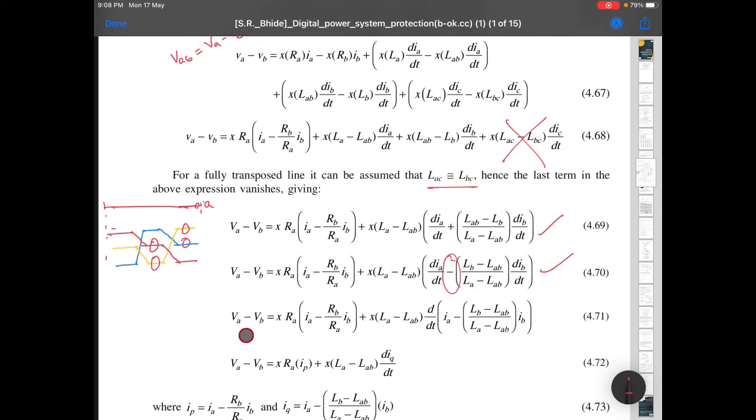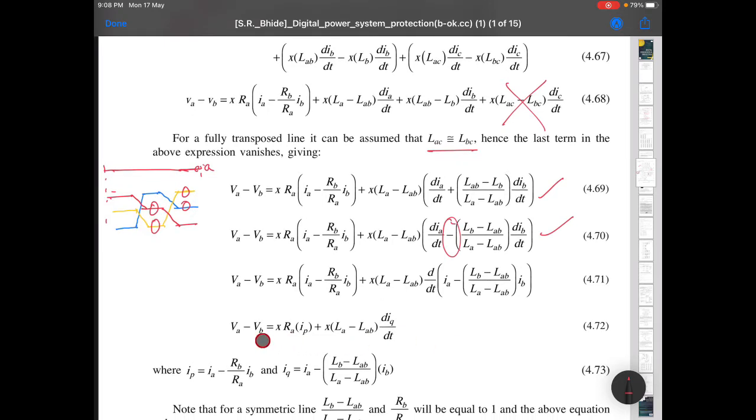Then we try to simplify it again. There are two terms, right? This is the first term minus the second term. In both the terms d by dt is common, so again we have tried to bring it out. So again it is of the same form as what you had written earlier in the ground fault using phase quantities. Using phase quantities for the ground fault, VA was there and a similar term was there. Now IQ is nothing but this term.